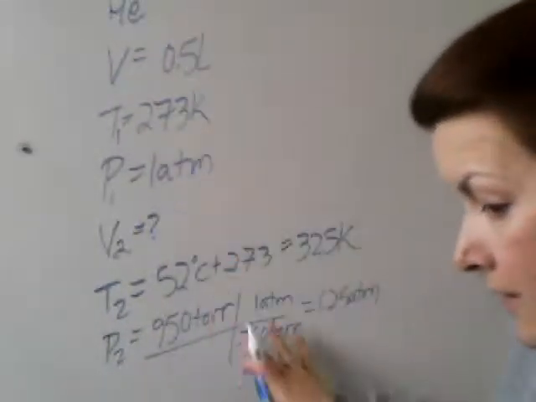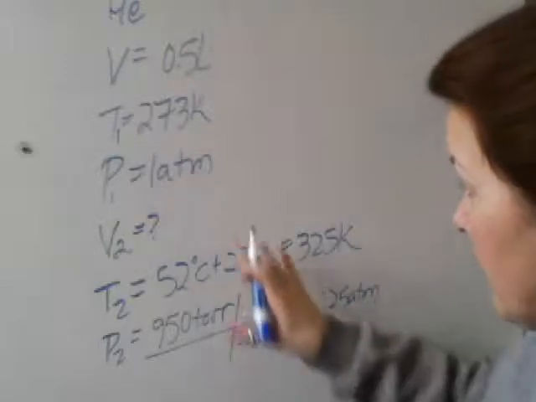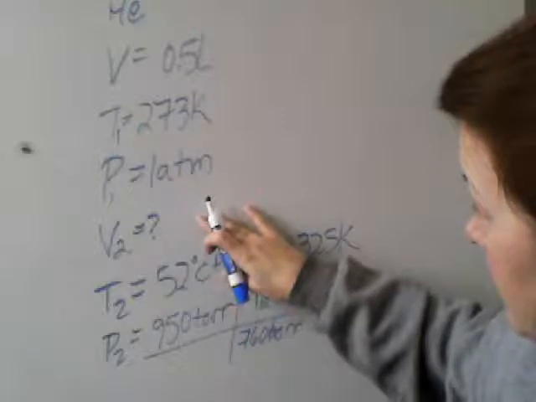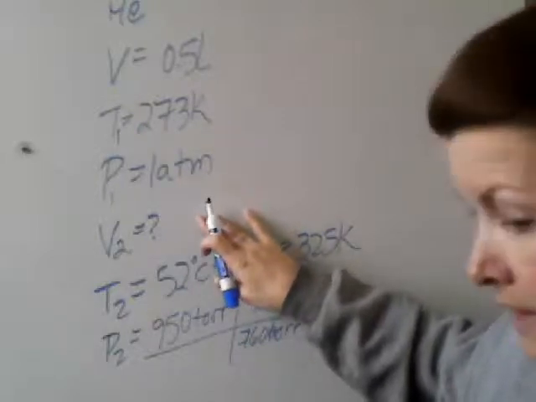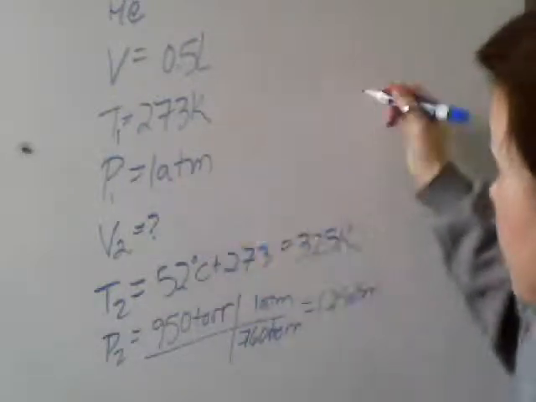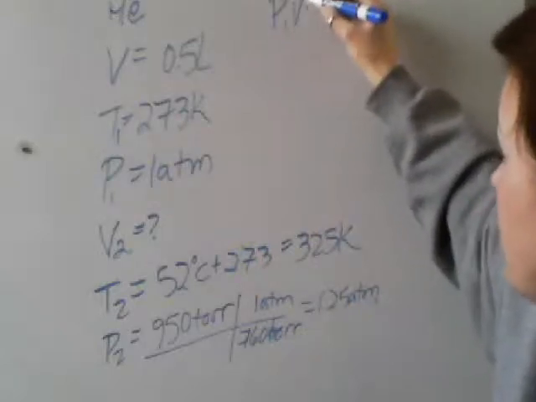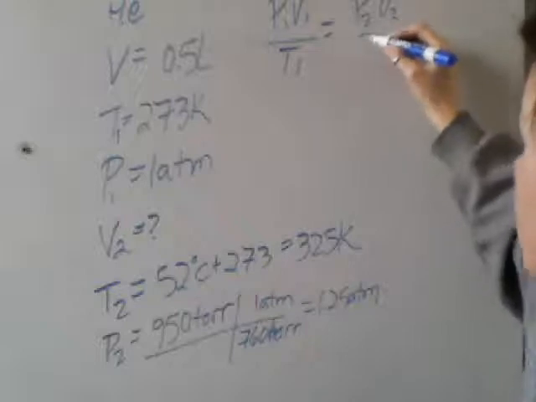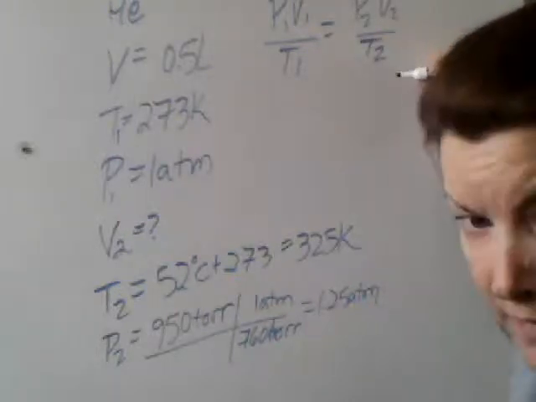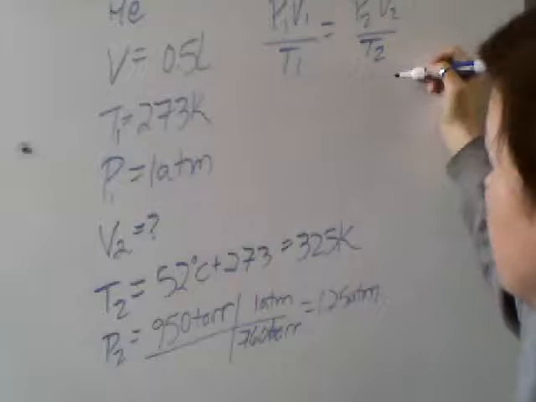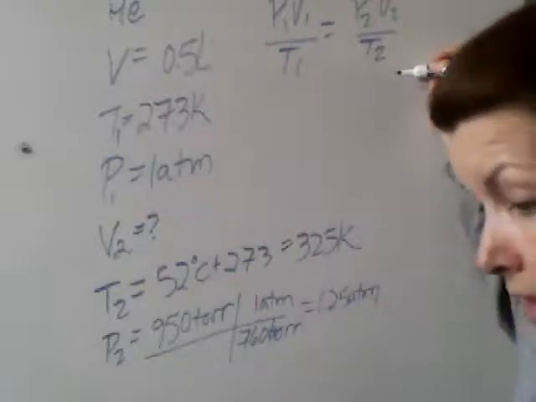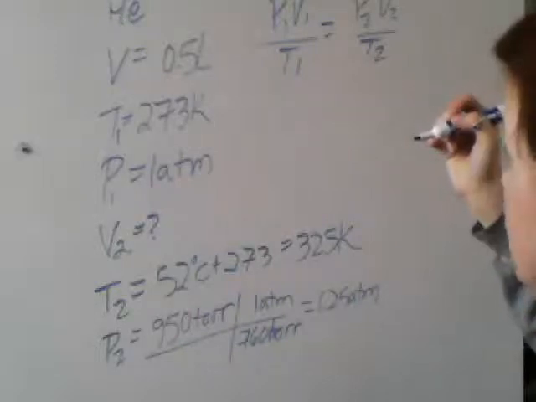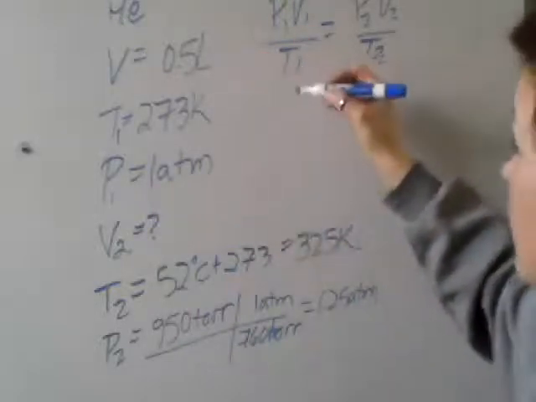We've identified all our variables, and we know that we have pressure, we have volume, and we have temperature. So it looks like we want to use the combined gas law. The combined gas law is P1V1 over T1 equals P2V2 over T2. We don't have any moles, so we don't need to use the ideal gas law. We can use just the combined gas law, and we can substitute in all of our variables.